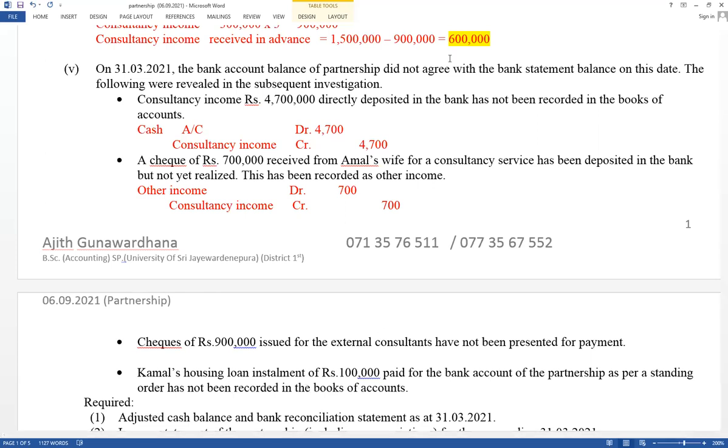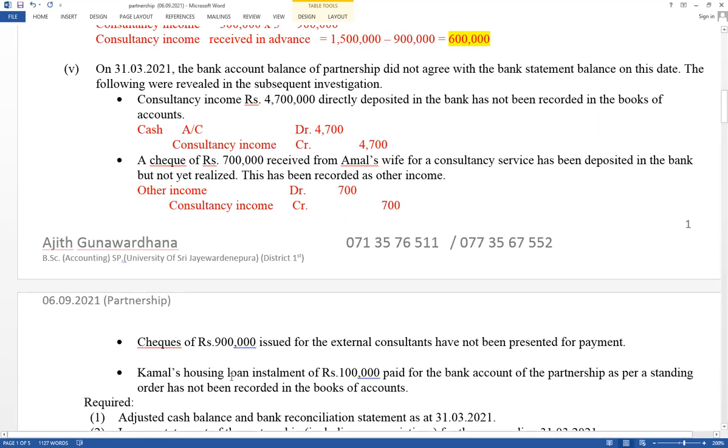Think owner's private expense cannot be paid by the business. If the owner's private expense is paid by the business, it should be considered as drawings.